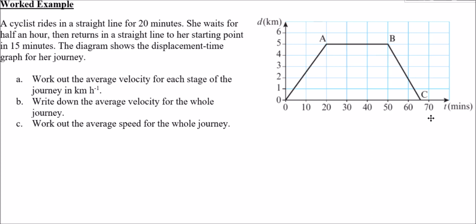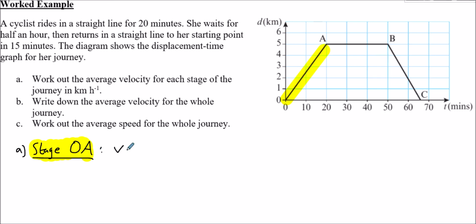As you can hopefully see here, there's 3 main stages. The first stage is from the origin up to A. So let's do that for part A. What about stage OA? Here we're just working out average velocity.